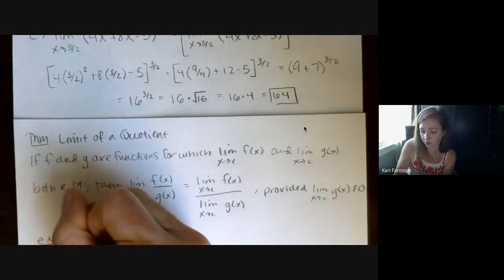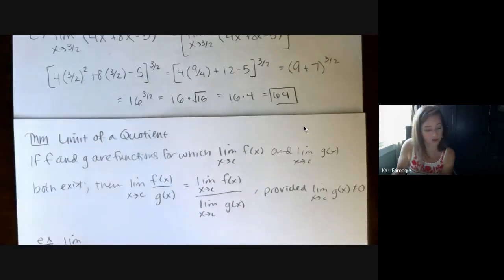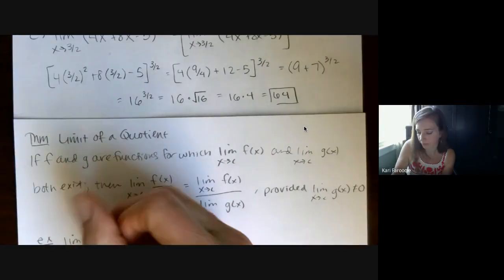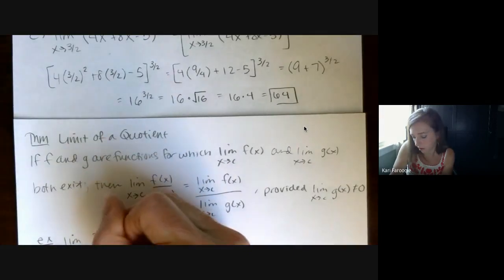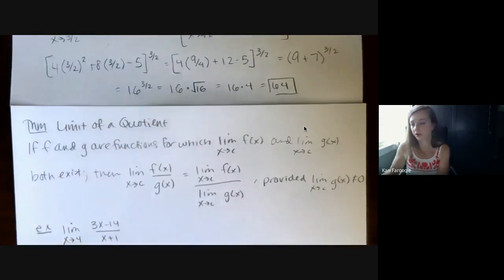So an example of something like this would be the limit as x approaches 4 of 3x minus 14 divided by x plus 1.